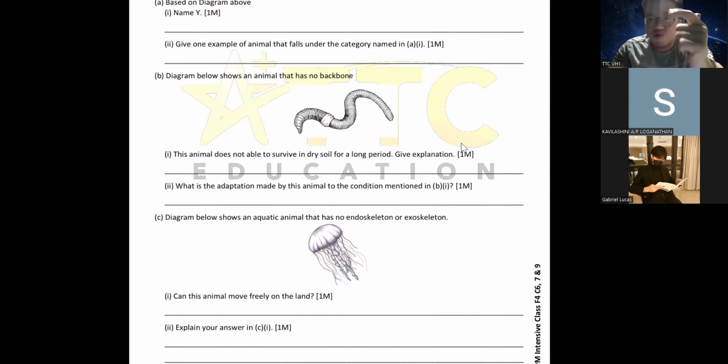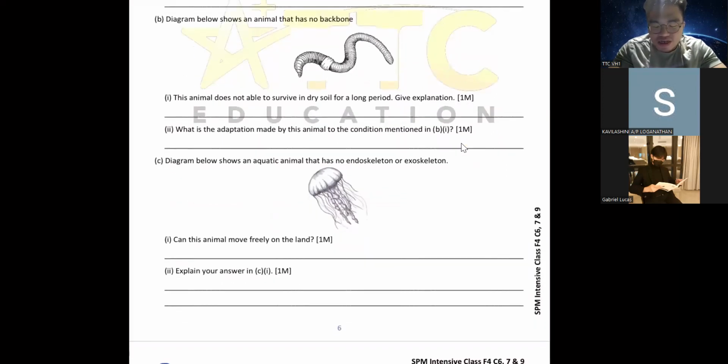Hydrostatic skeleton or water for support. Of course they cannot be dry. When they dry, they die. Them being dry is like you without bone. So it needs water. Are you able to catch up? Able to follow?